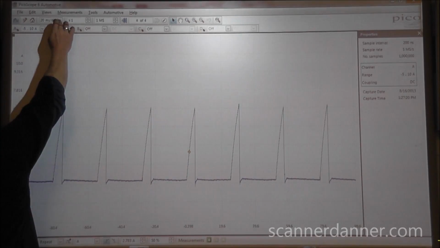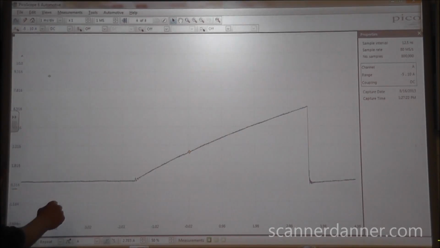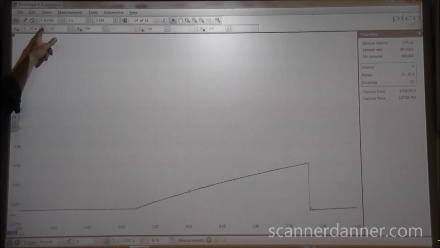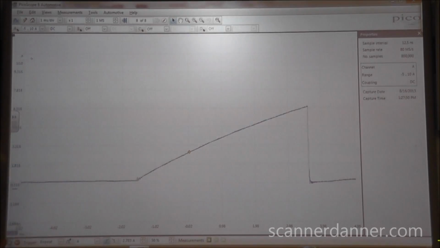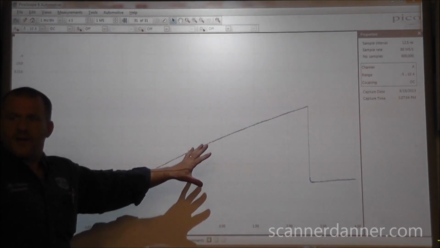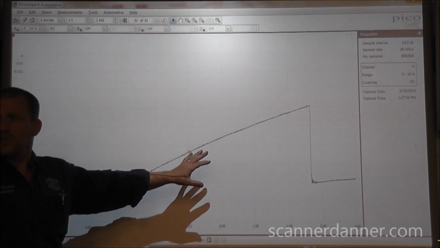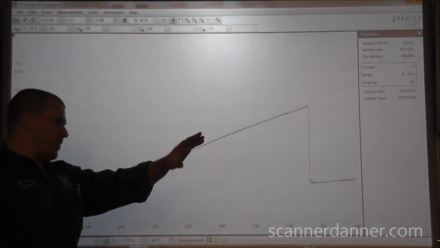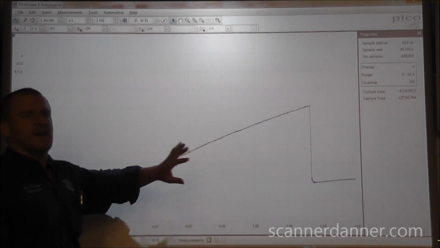And the thing about this, when you are zoomed in this far, I think we were on a 20 amp scale before, but that's why it looks a little bit different, a little bit bigger of a picture. What you need to remember is this is the coil firing on all 6 cylinders. It's the distributor ignition. So every time that coil fires, we're going to draw this in that location.